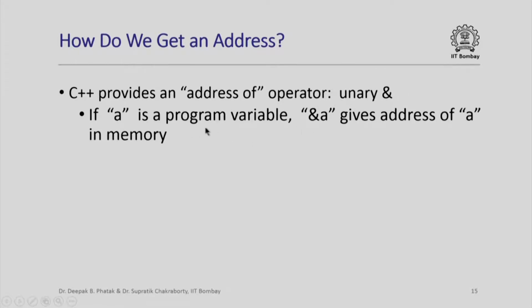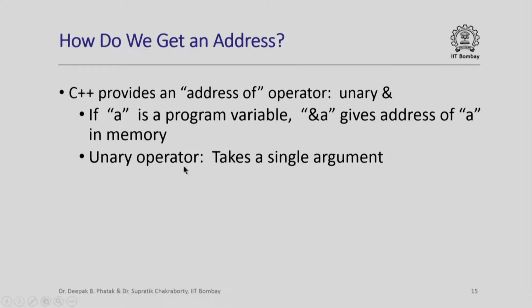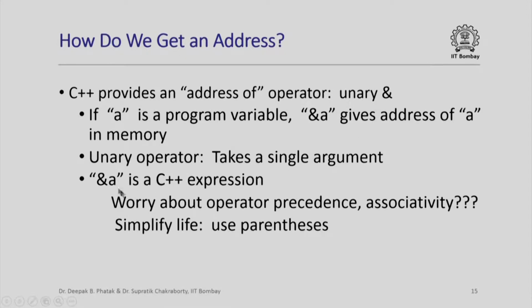So, if A is a program variable, ampersand A will give us the address of the variable A in memory. Note that this is a unary operator, it takes a single argument, and in particular if you take the variable A and apply this unary operator, you actually get a C++ expression, and therefore we must worry about how to evaluate such expressions. So, we must worry about operator precedence, associativity and all of that, whatever we have studied in an earlier lecture.